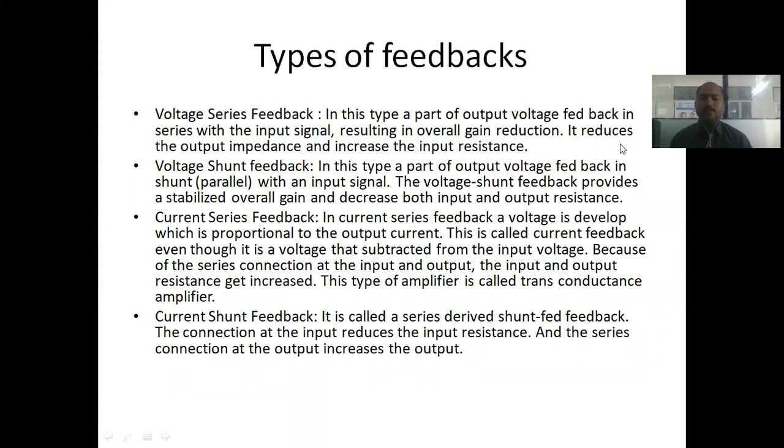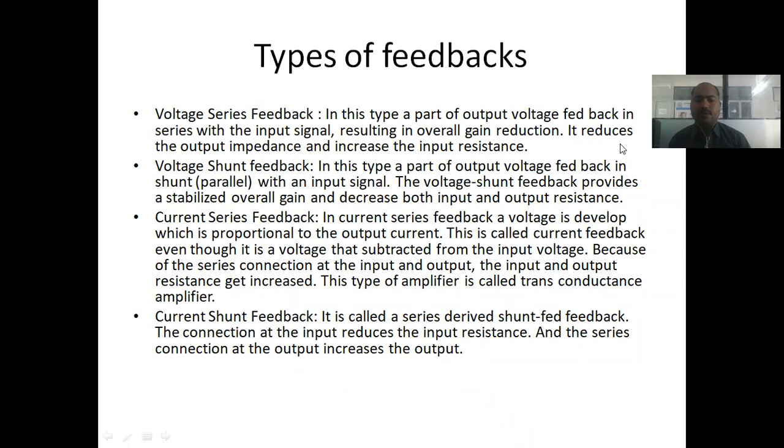So in voltage shunt feedback, the signal applied is a voltage signal, and the output coming out is also a voltage signal. Part of the output voltage is applied again to the input in shunt, that is, in parallel.